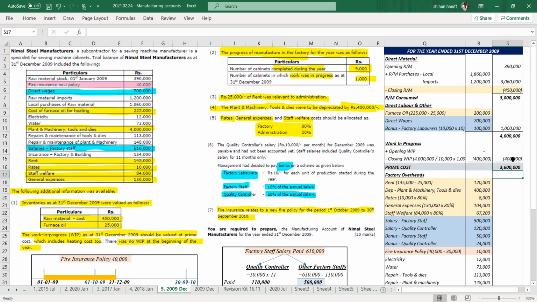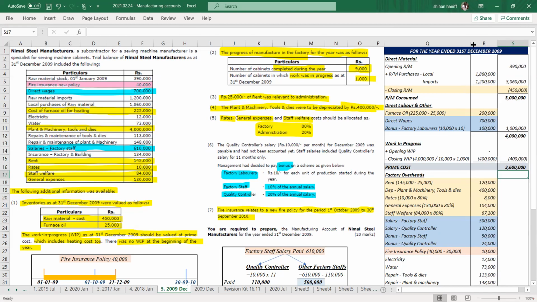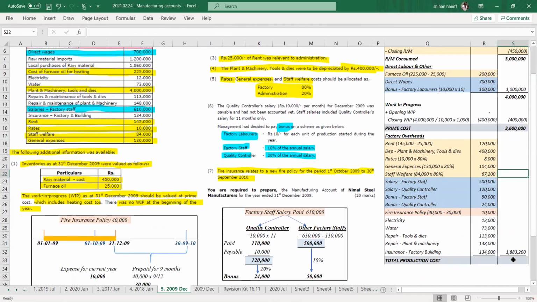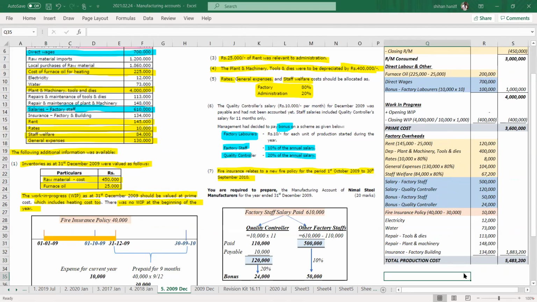Prime cost is 3.6 million. Okay. Now the closing balance, total production cost is prime cost plus overheads, total production cost 5,483,200.